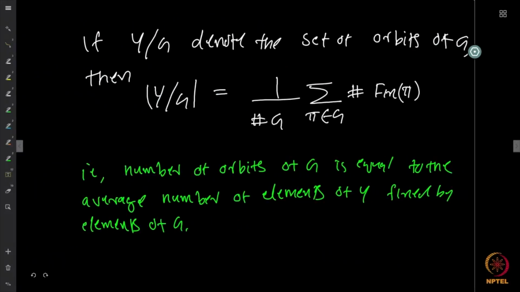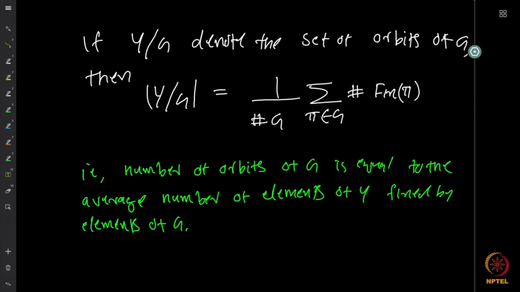Now, the lemma says, if Y mod G denotes the set of orbits of G. Okay, so what is the orbit of a group acting on a set, let's say Y? When you look at the G-equivalence classes, when you have the group acting on the set, you get a partition into equivalence classes because G-equivalence is an equivalence relation, and these equivalence classes are called the orbits.